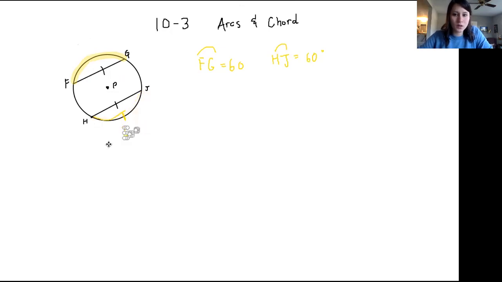So if I saw this circle and the arcs were given to me as being congruent, where I knew FG and HJ were congruent, those arcs were congruent, and this segment was 10 meters, then FG would be the same exact measurement. So you can relate these two truths to each other in that way.